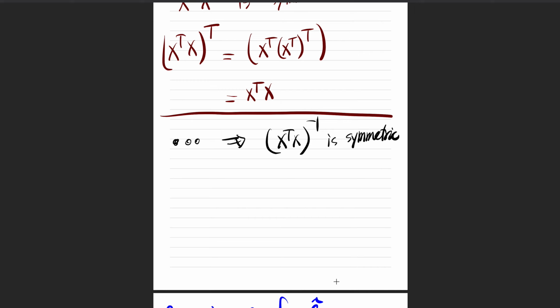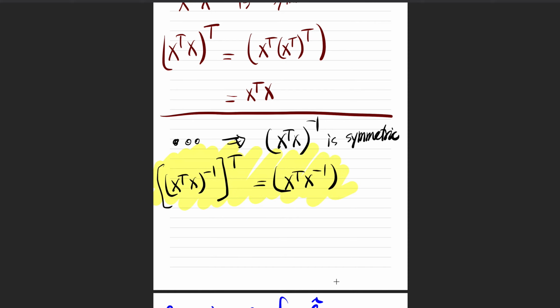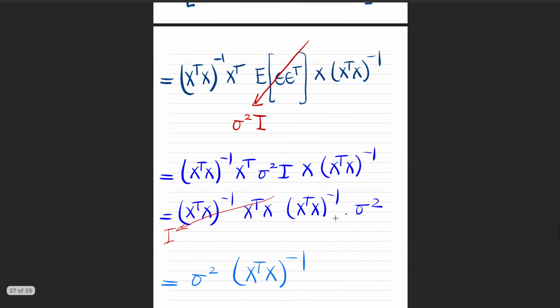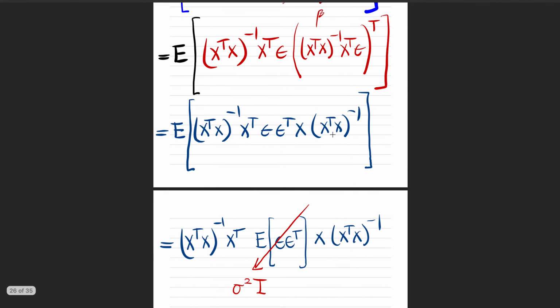So the yellow part is what gives us this here. Okay, this part.